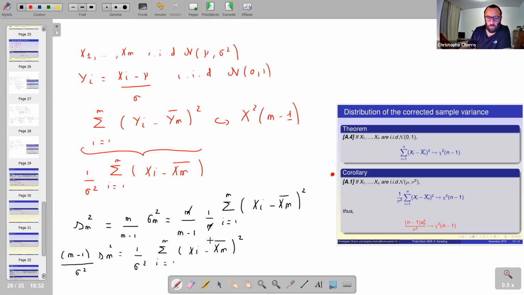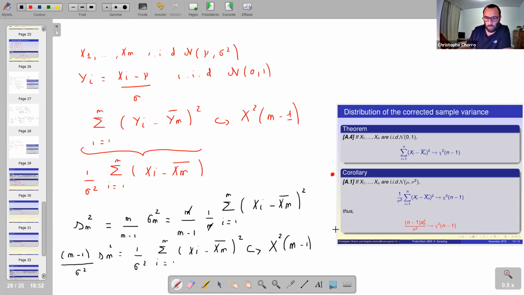And I know from my previous result that this one follows the chi-square of parameter n minus 1.